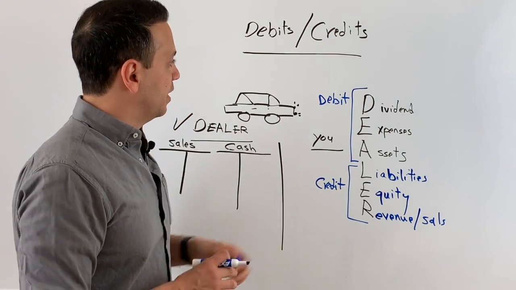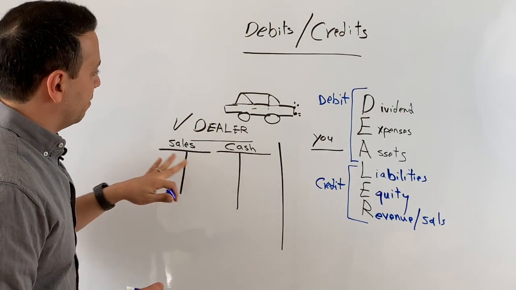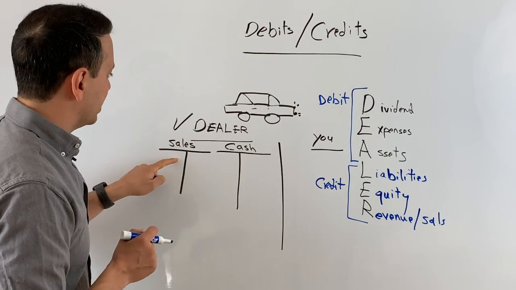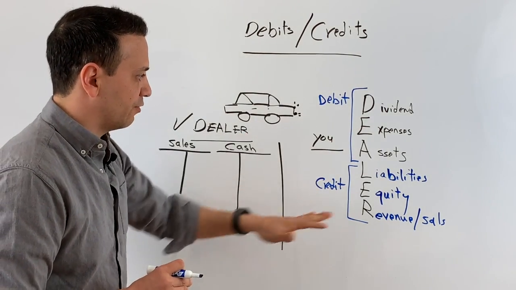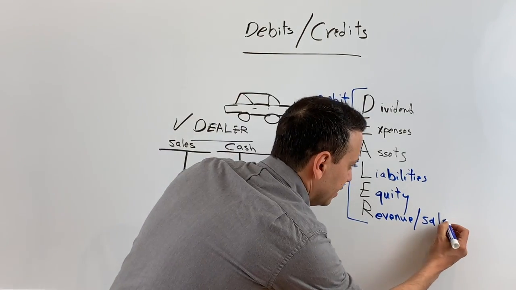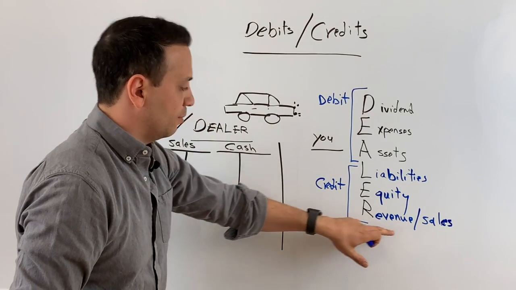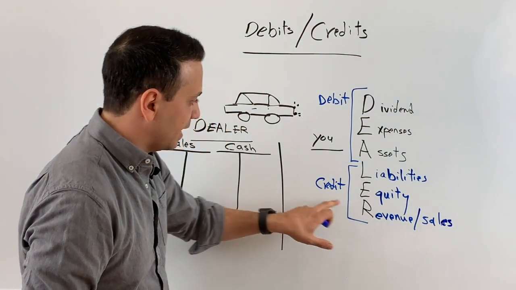And so if we apply dealer here, in this case, the merchant happens to be a dealer. What they need to record is a sale. Looking at our chart for remembering sales, and I forgot the E, sales or revenue, it's the letter R, revenue, has a credit nature.